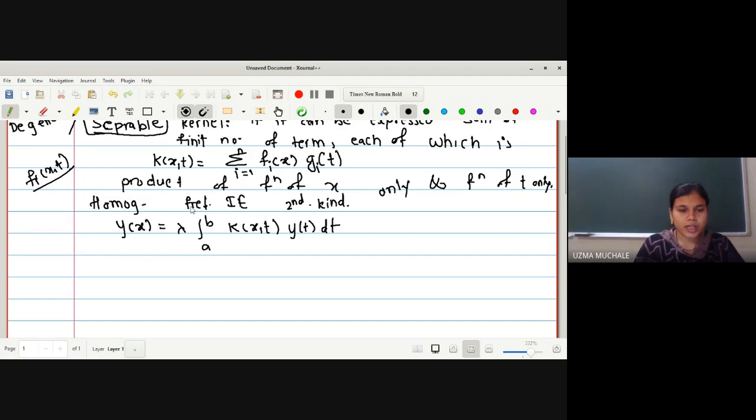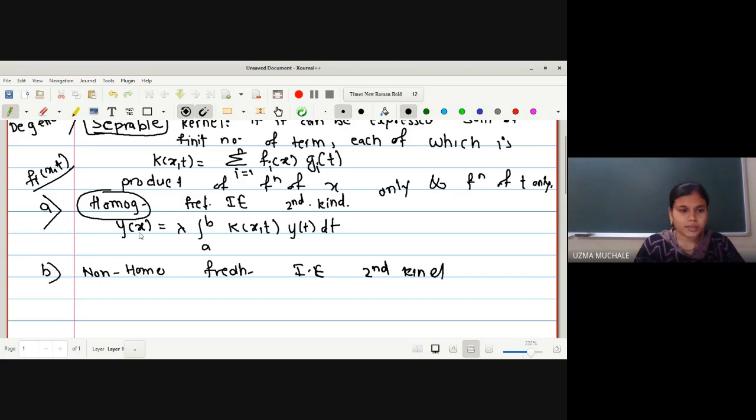As it is a Fredholm integral equation, first we will consider the homogeneous case, then later on we will go for the non-homogeneous Fredholm integral equation of the second kind.